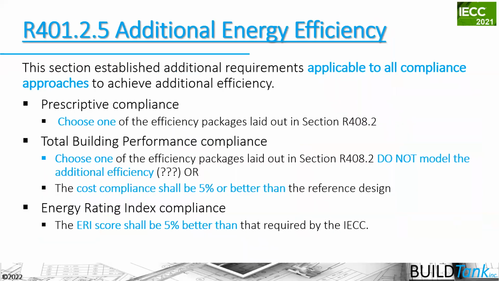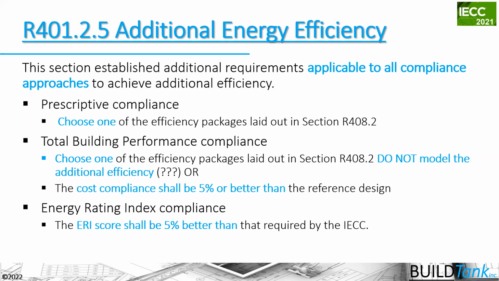So these additional energy efficiency options are the first thing that we need to address when we're talking about prescriptive compliance. The section was established, and it's basically saying that you have to choose one of these options, or if you're doing something other than the prescriptive compliance path, demonstrate that your home is basically 5% better than the standard.